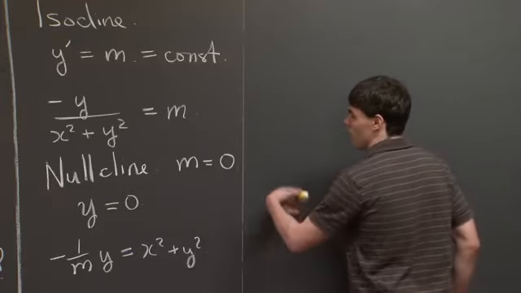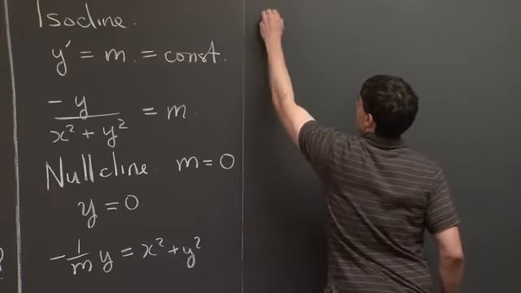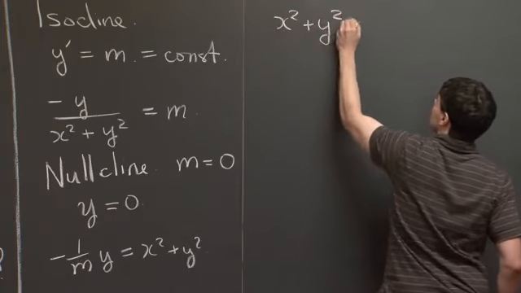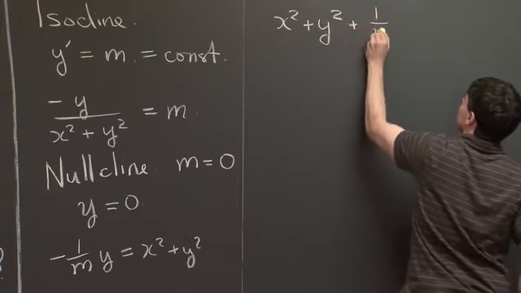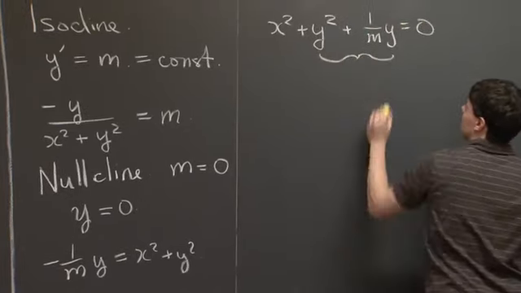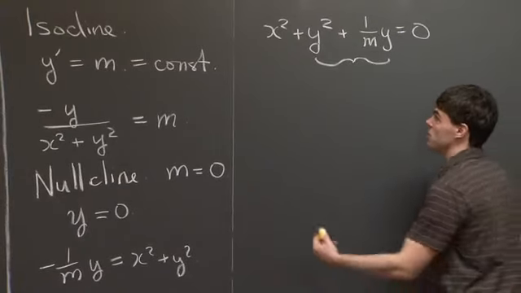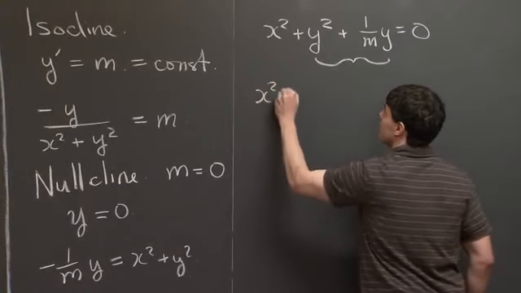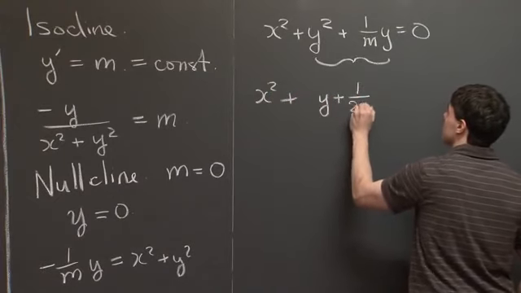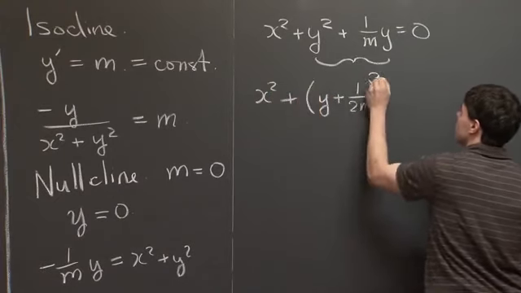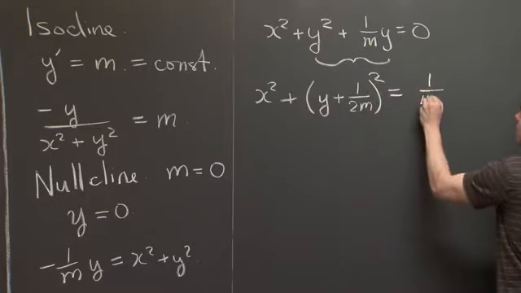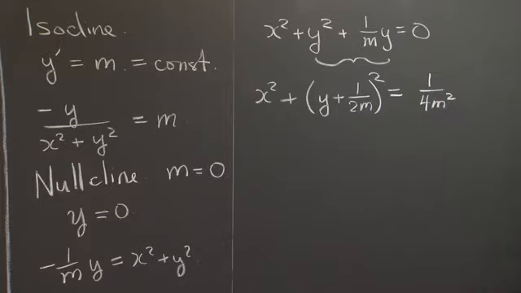So I'm going to bring the 1 over m y to the other side of the equation, and I'm going to combine it with y squared to complete the square. And when we do this, we obtain the following equation.